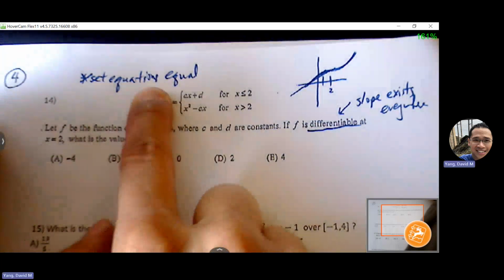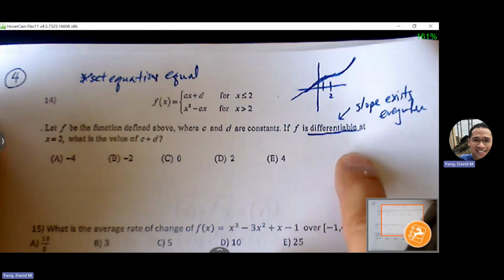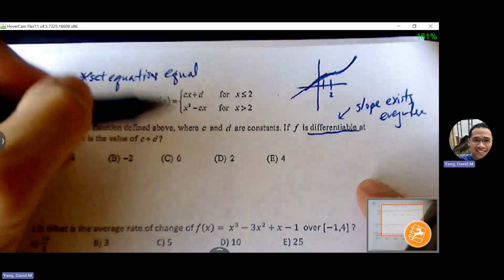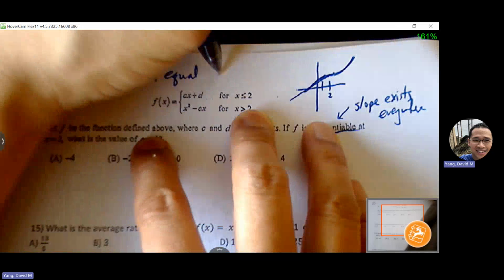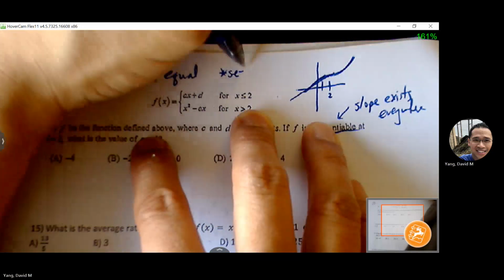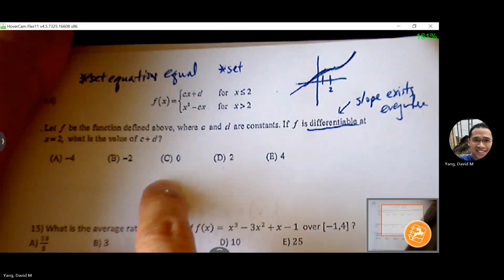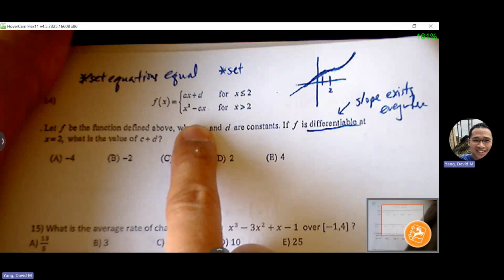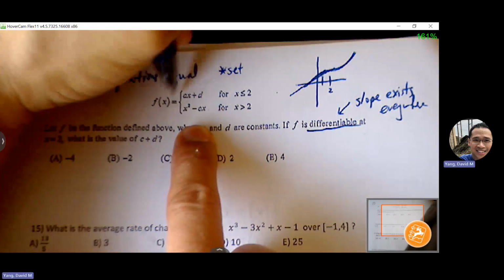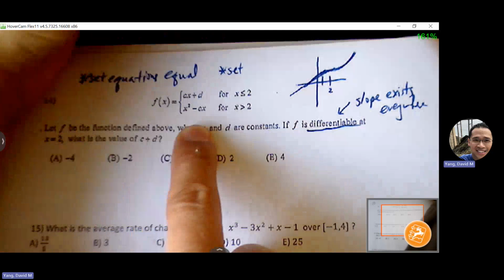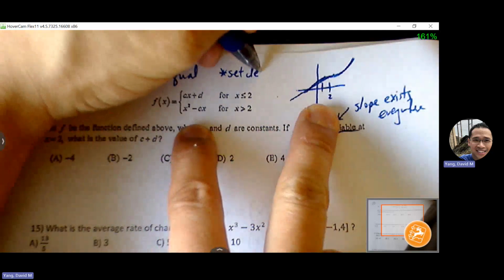And because they share the same slope, we can also set their derivatives equal to each other.